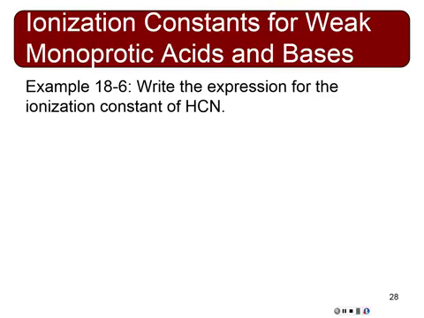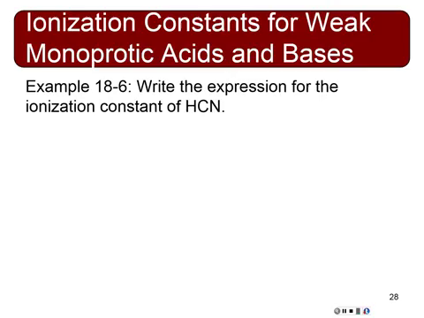Okay, so first I want you to write the expression. All that means is for the ionization constant. Let me make sure, it's called the acidity constant or ionization constant. So what I want you to do, HCN is your weak acid.